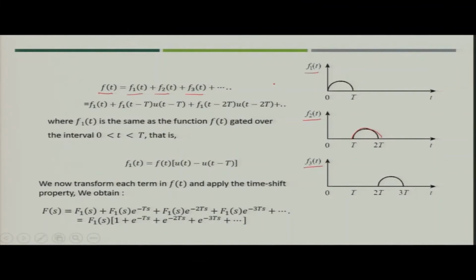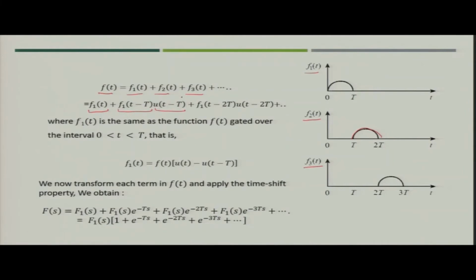So, what will you write? You can simply write in terms of the step functions. You will simply write f1(t) as f1(t), but f2(t) you can write as f1(t minus T), that is the time shifted function, that function f1 is shifted by time T, into unit step function u(t minus T).